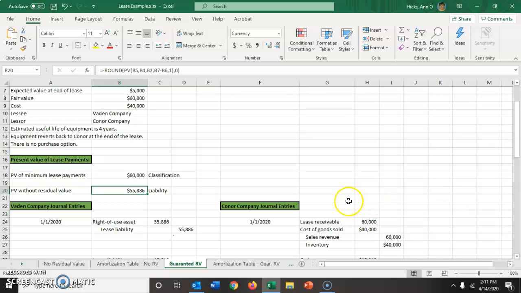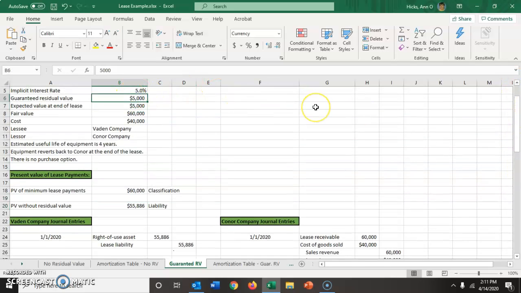Now, notice what I've got up here. I have indicated the guaranteed residual value is $5,000. There's another pertinent piece of information, and that is what is the expected value? In other words, do we believe as lessee that we will indeed not have to pay anything? So in this scenario, we're going to assume that we anticipate that the value of the asset will maintain itself and that it will be worth what we are guaranteeing.